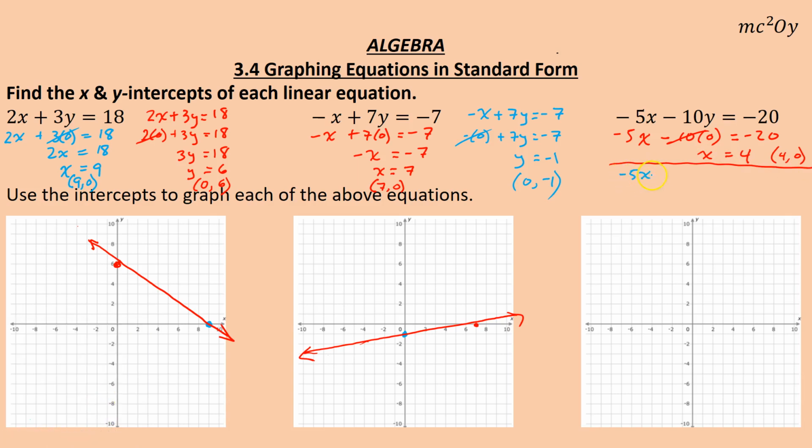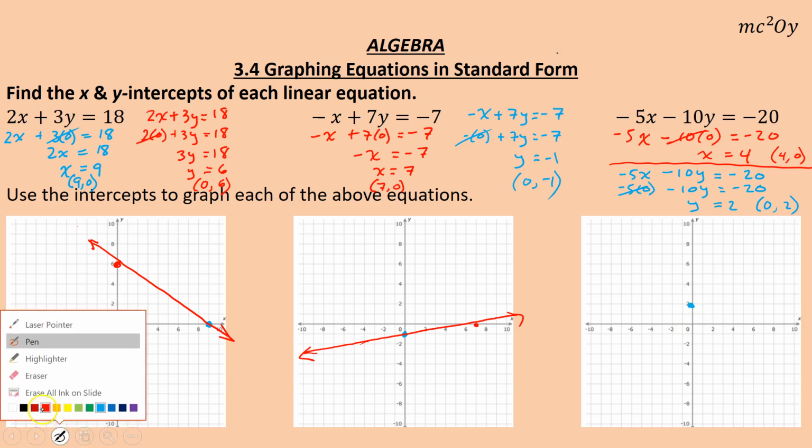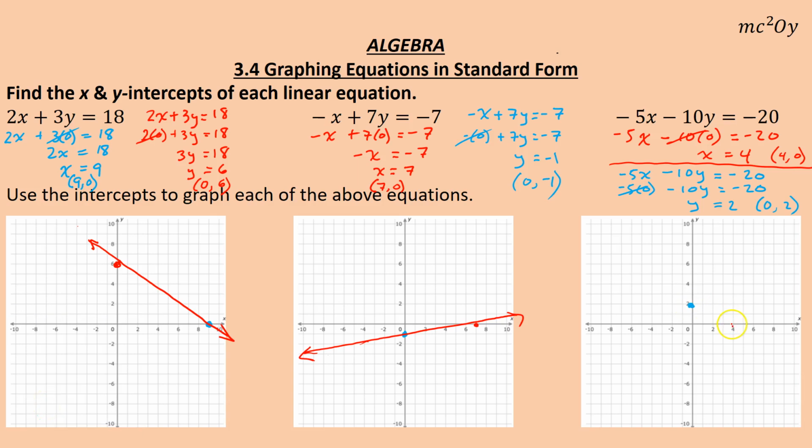Negative 5x minus 10y equals negative 20 here. So we're going to substitute in 0 for x this time. That's now gone, and we end up with y equal to 2. So we have the ordered pair (0, 2). So (0, 2) right there, and (4, 0) right there. And we'll try my straight edge again.